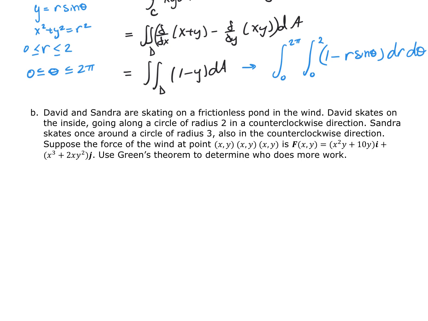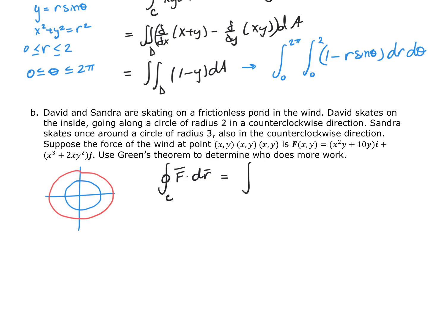So I'll draw a quick little picture. Here's David, and here is Sandra. And I'm going to do the circulation along the curve C of F dotted with dr. These are both vectors.